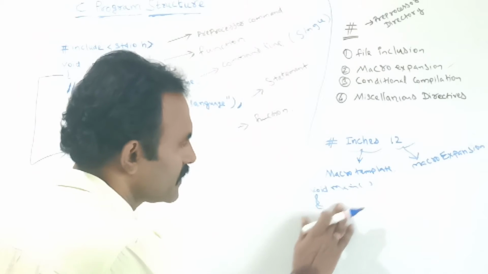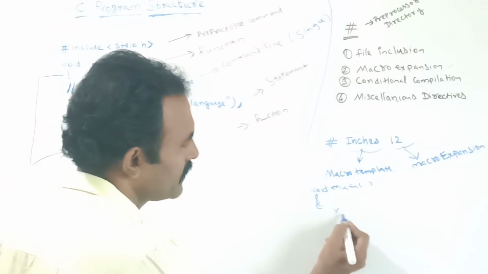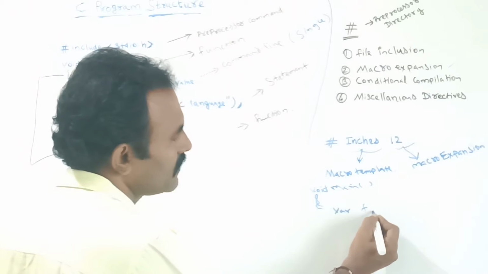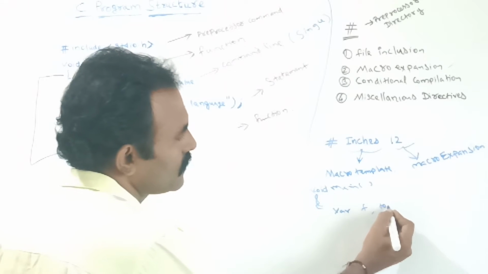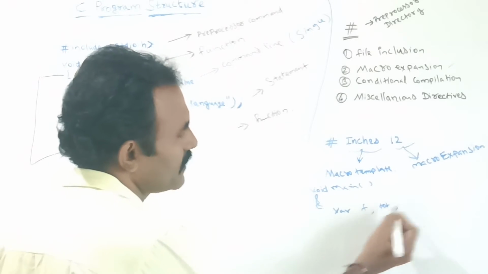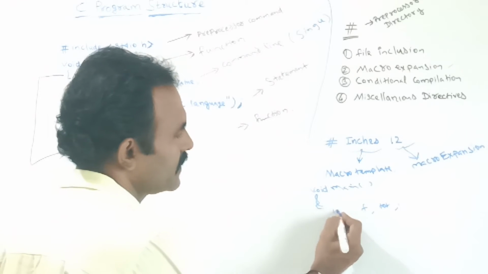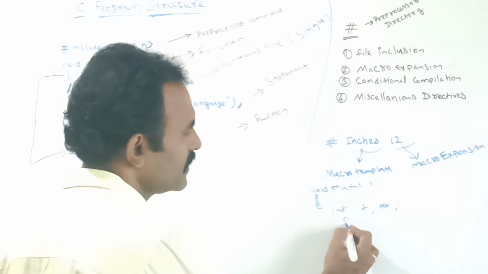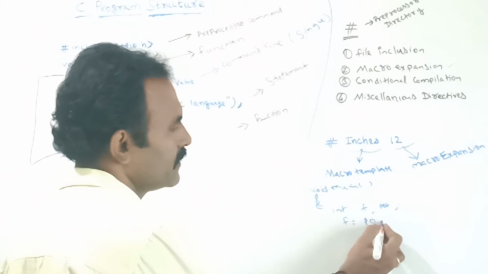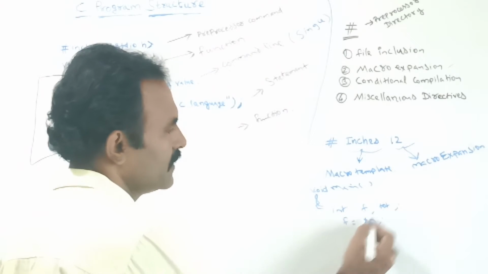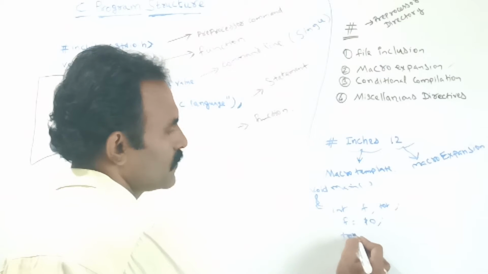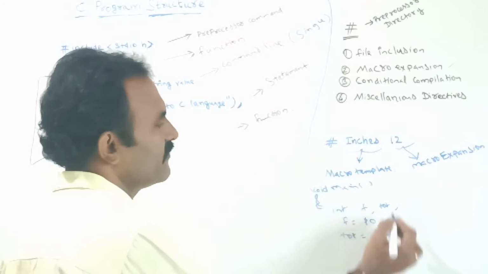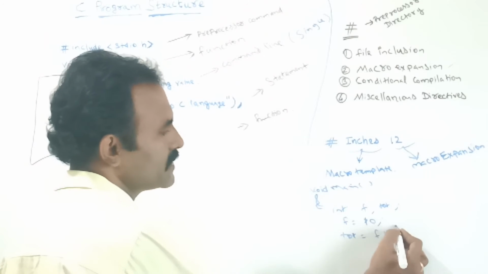Here let us keep a variable f. Next, total. These are the two variables. Let us keep them as integer. Here f is equal to 10, assign the value f equal to 10. Here total value is equal to f into, we call the macro template, that is inches.